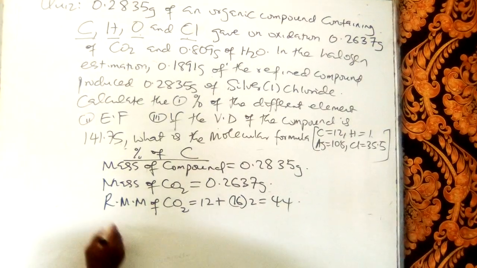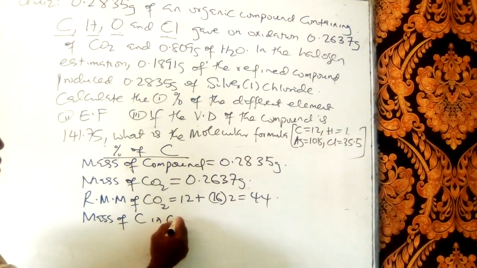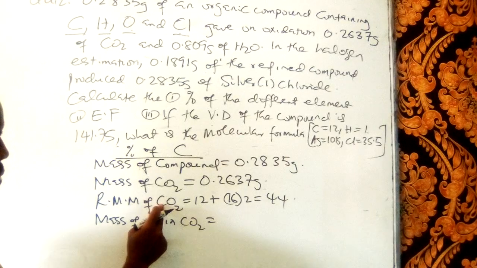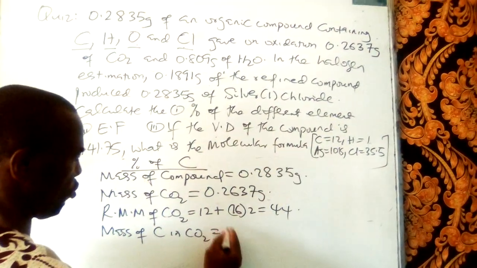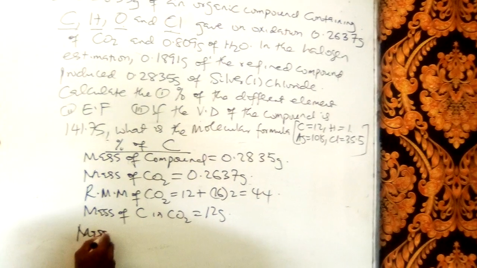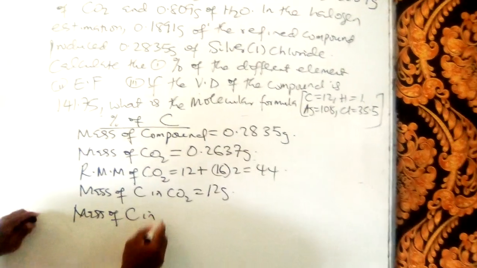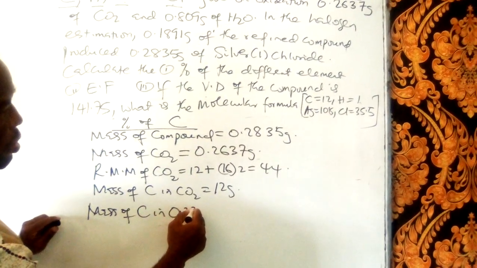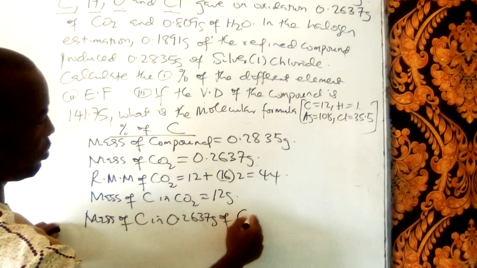Then find the mass of carbon in carbon dioxide. There's only one atom of carbon in carbon dioxide, and the weight of carbon is 12. The mass of carbon is 12 grams. We will now find mass of carbon in 0.2637 gram of carbon dioxide.